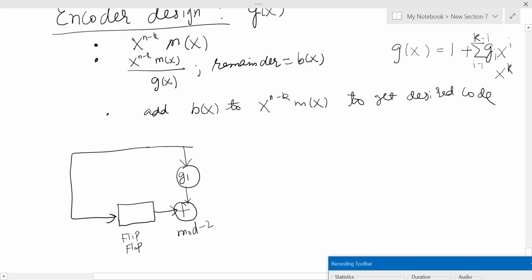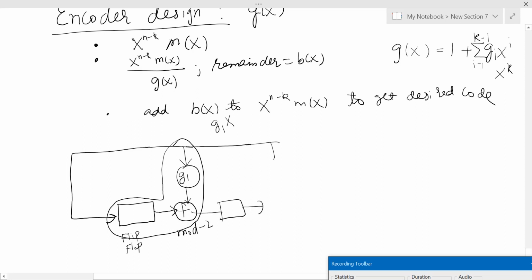Okay, so this particular thing is equivalent to writing g1 times x. Similarly, if you put another flip-flop here, and if g2 here, so this becomes equivalent to g2 x. Okay, so on and so forth.